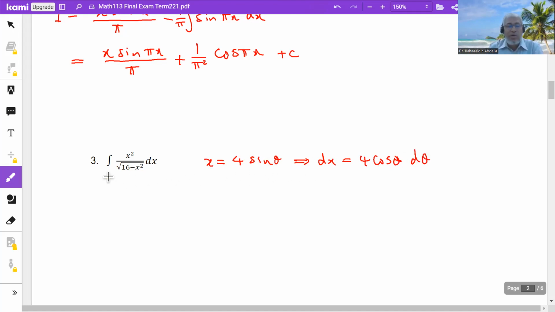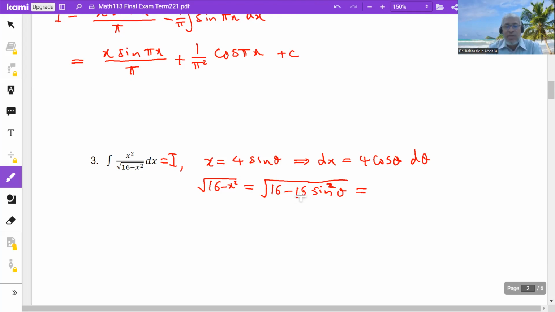And then we change the integral from x to theta. So I'll call it I also. I need to change this radical. So the square root of 16 minus x squared would be the square root of 16 minus 16 sine square theta.